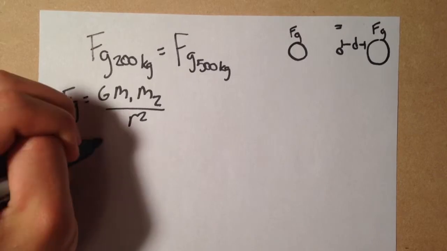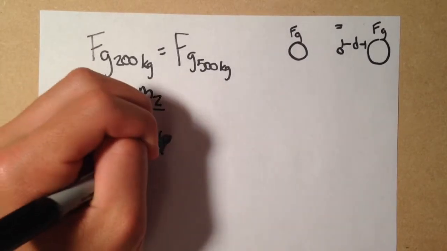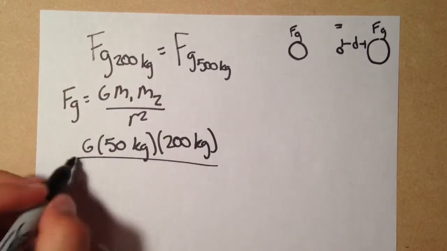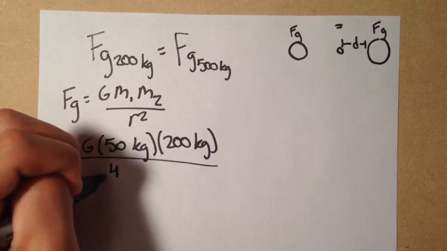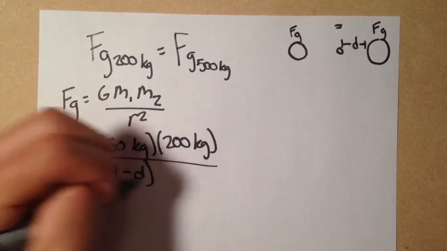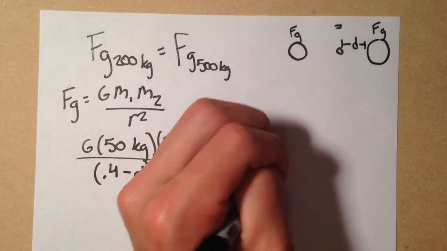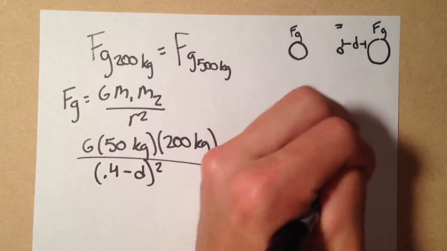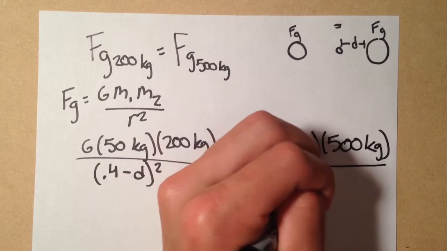So G times 50 kilograms times 200 kilograms over (0.4 minus d) squared equals G times 50 kilograms times 500 kilograms over d squared.